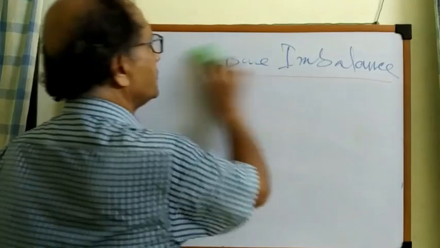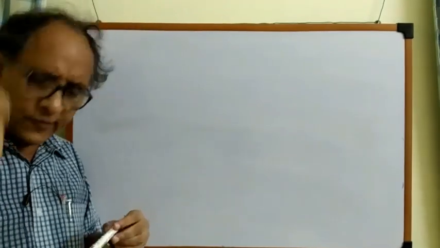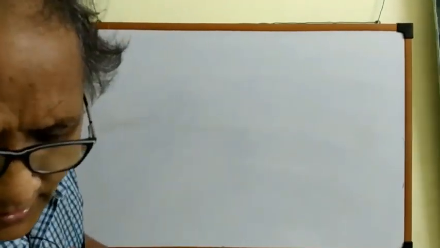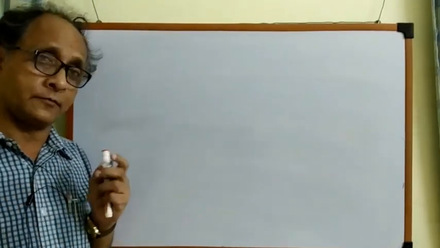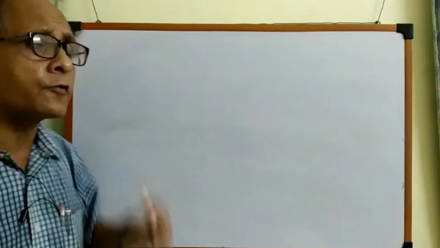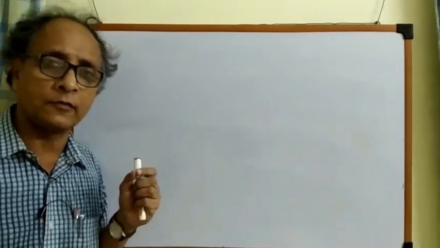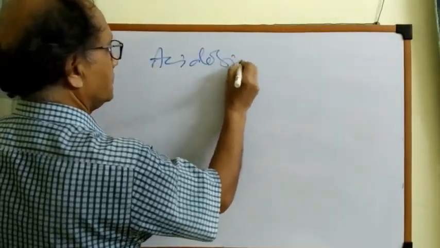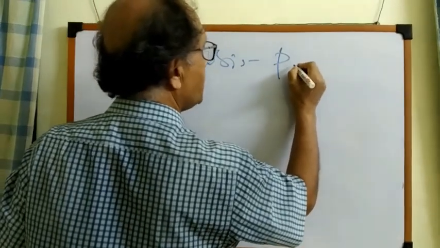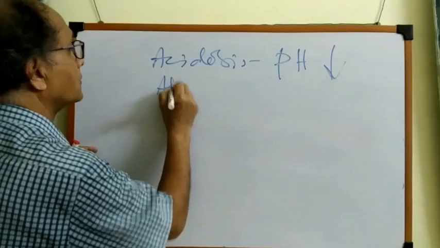Now, to understand acid-base imbalance, I will take the help of a very simplified way, the Henderson-Hasselbalch equation. So, what is acidosis? When the body fluid pH is low, that is known as acidosis. What is alkalosis?